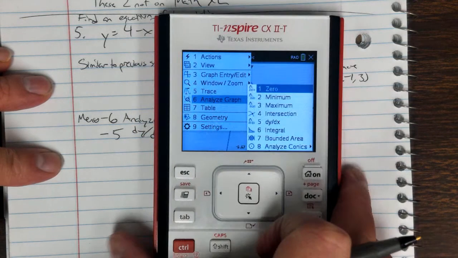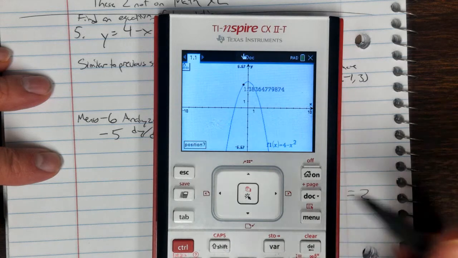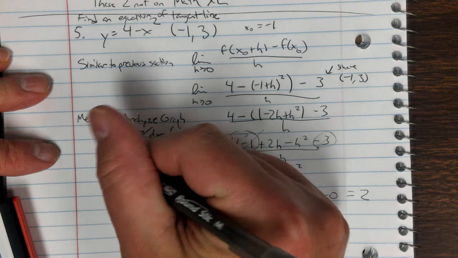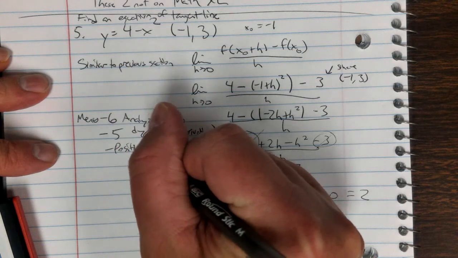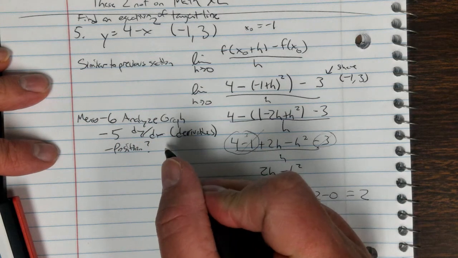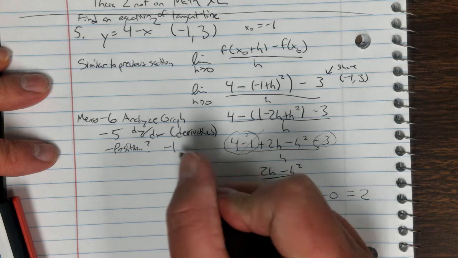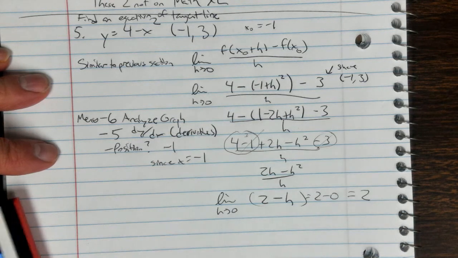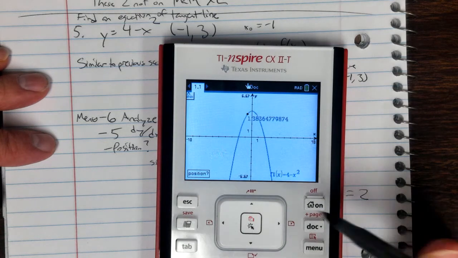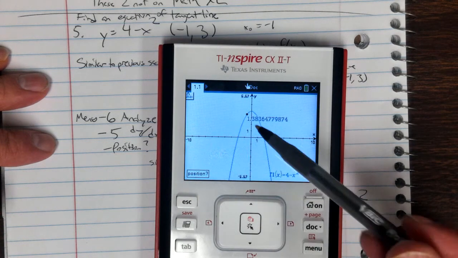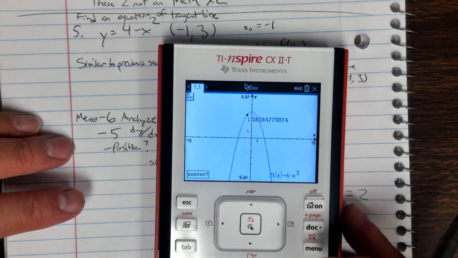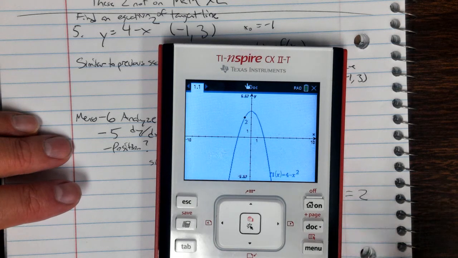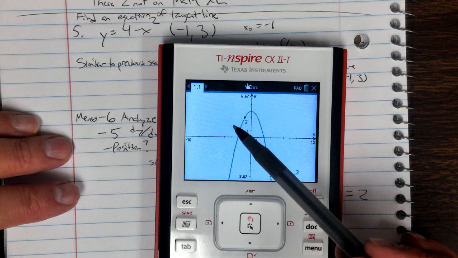Okay, and so now it asks you the position. So the position that it's asking for is -1, since x equals -1. And so where it says position, you type -1 and then press enter, and it gives you 2.